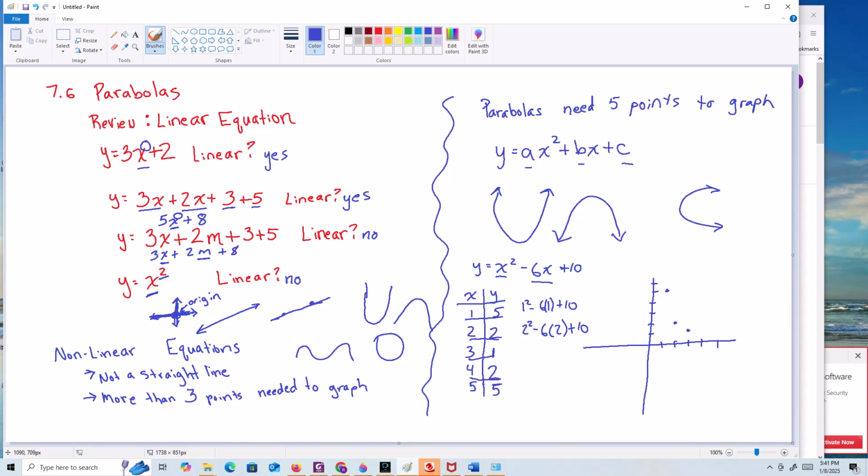My next ordered pair is 4, 2. So I go over to 4 on the x-axis and up to 2 and make my point. And finally 5, 5. I go over to 5 on the x-axis and up to 5. Then I just connect the dots.